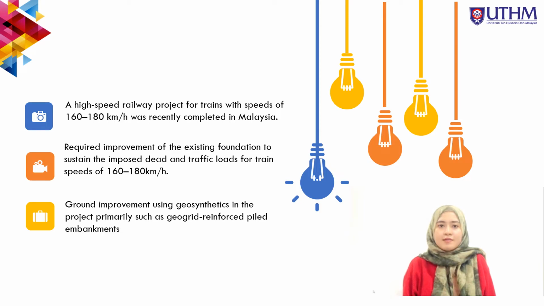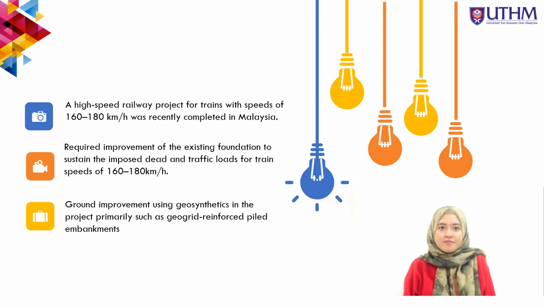For the problem statement, a high-speed railway project for trains with a speed of 160 until 180 km per hour was recently completed in Malaysia. The geotechnical design of the project required improvement of the existing foundation to sustain the imposed dead and traffic load for a train speed of 160 until 180 km per hour.